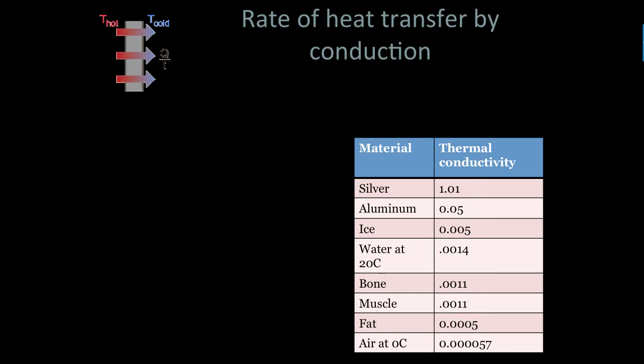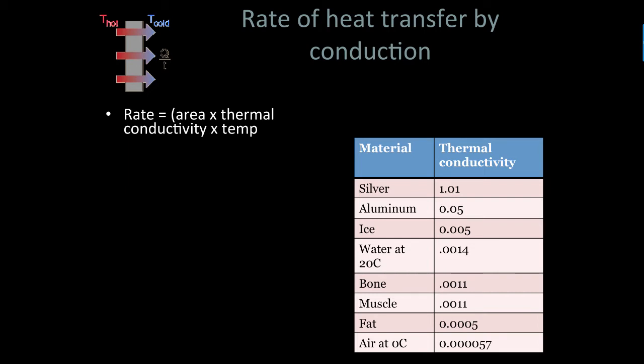All right, so related to that then is our rate of heat transfer. As we intuitively know, metals typically have a pretty high thermal conductivity. We put a piece of metal in a fire or fireplace, and we pretty much know that that's going to get hot and conduct that heat energy.